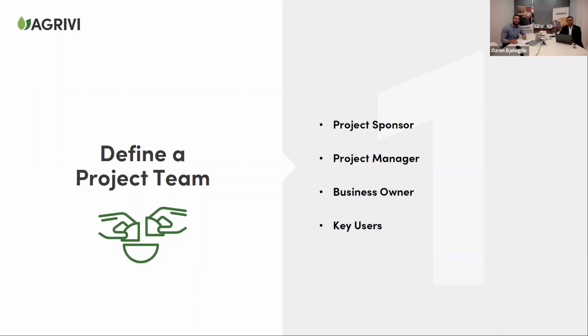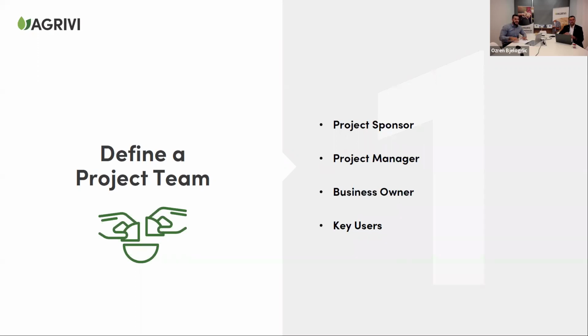The third one, and to some extent it might be considered the most crucial category of teammate, is the business owner. Now, the business owner usually comes from the active team as a team lead, who will be using the specific software heavily, right?